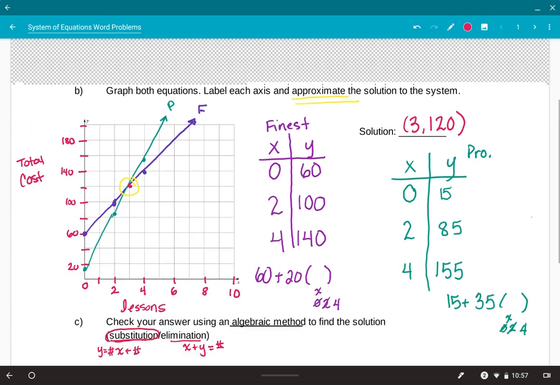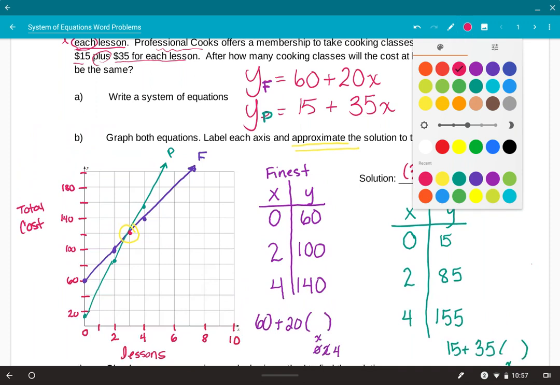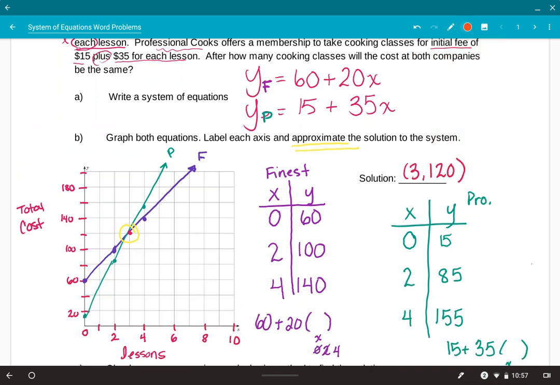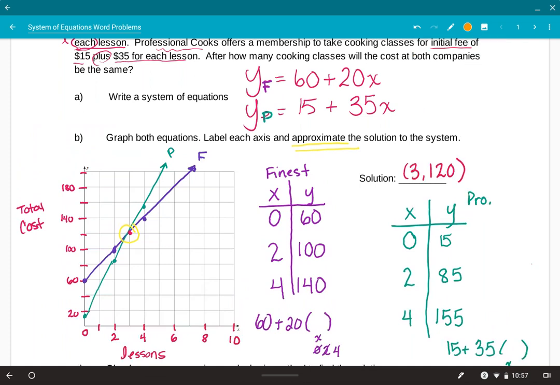Now let me go back up for just a second and remember my little shortcut here. Let me get a different color so it doesn't match. Since they're both equal to y, we circle one equation. It equals y, so we're going to plug it into that y.